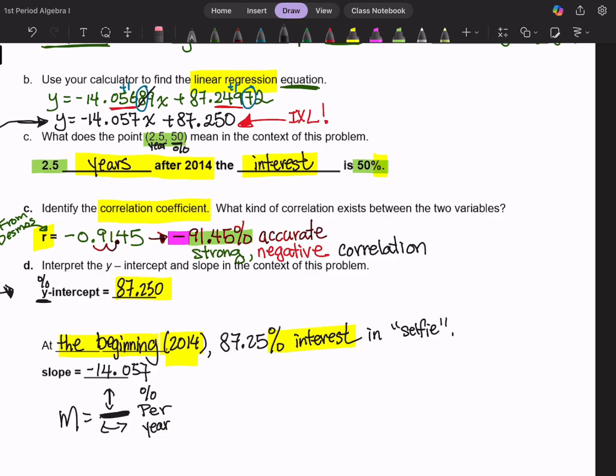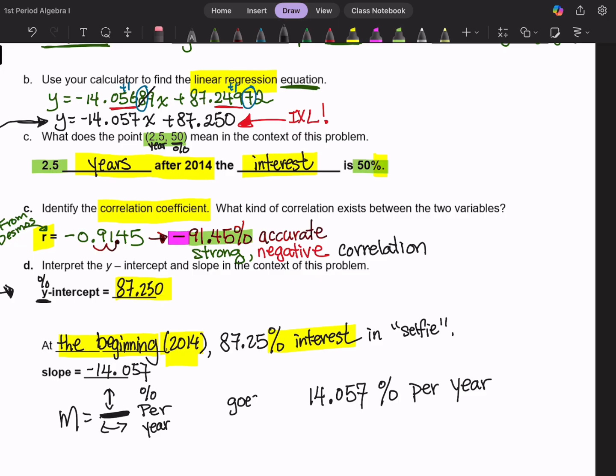So let's put the number in front. So we go negative 14.057. Let's put the unit down. Percent per year. Okay, great. Let's do a little bit more. What does negative mean? Negative means that it's going down, right? So I'm going to erase that negative. Instead of saying negative, I'm going to say that it goes down.